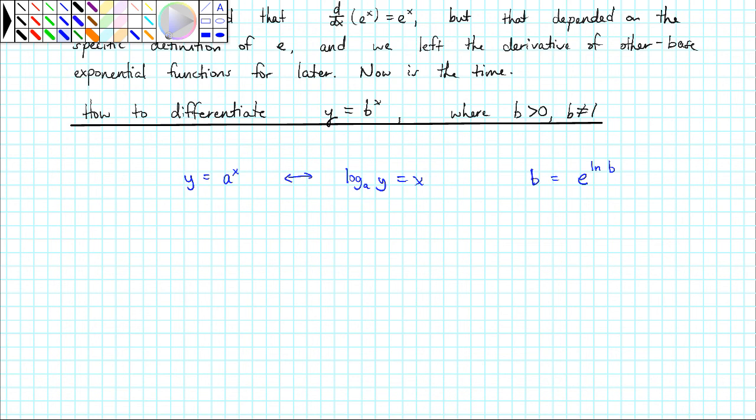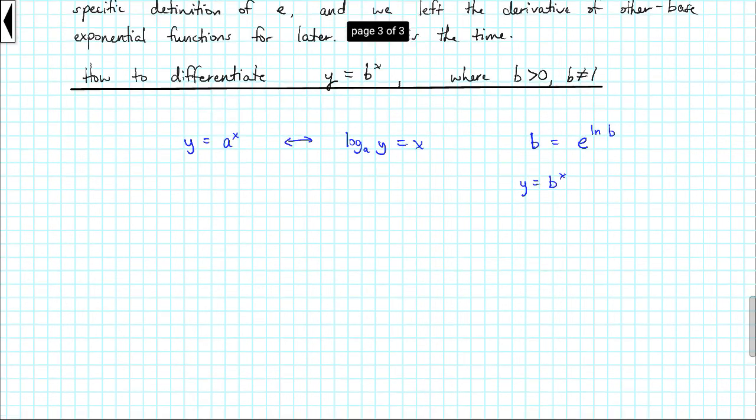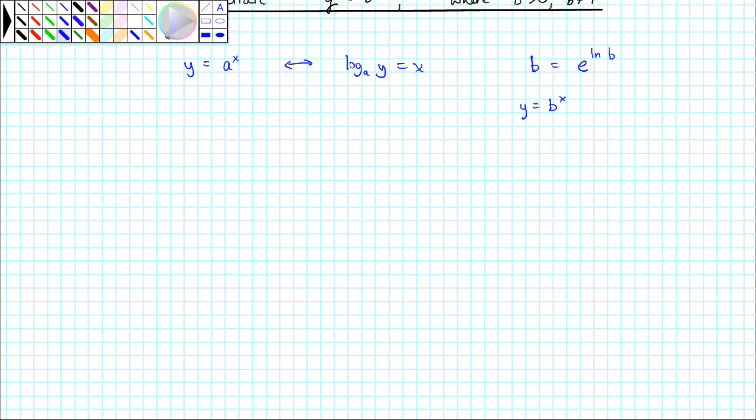So if you have y equals b to the x, that is y equals e to the ln of b to the x power.